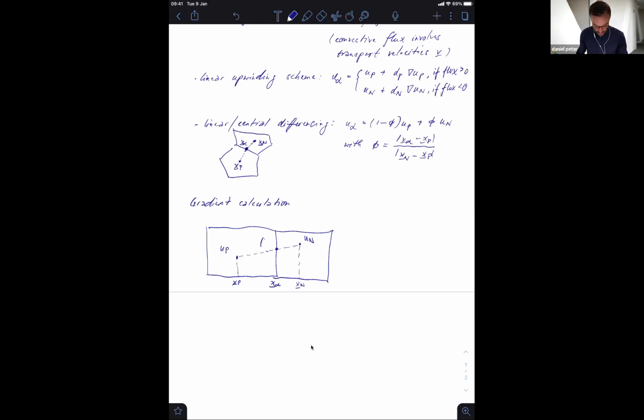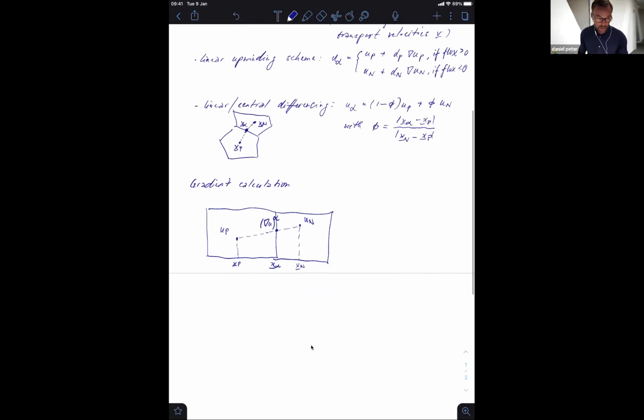So what we actually want to know is the gradient of U at the centroid alpha. So again, we can use a central difference approach for that.